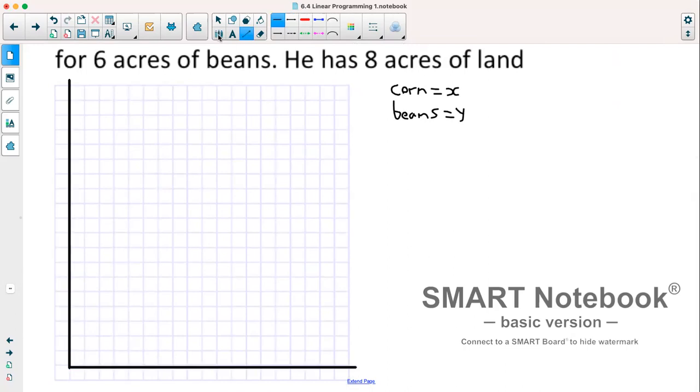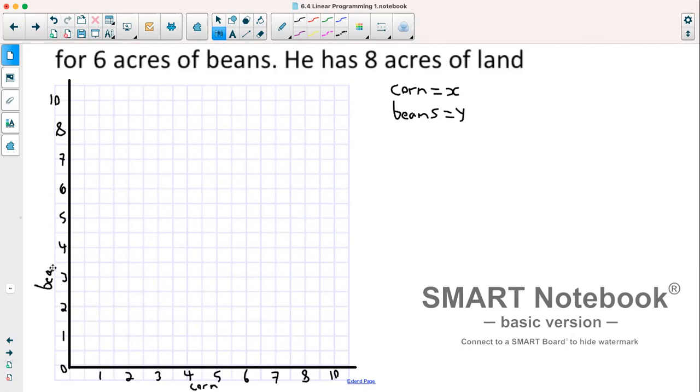Seeing we're dealing with fairly small numbers, I might space this grid out a bit more than the last one. Okay, so we said corn was our x-axis, beans was our y-axis.